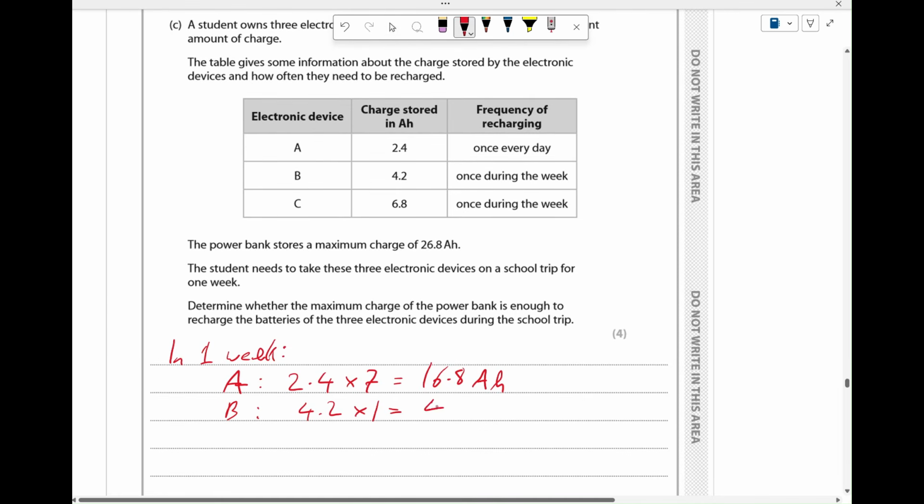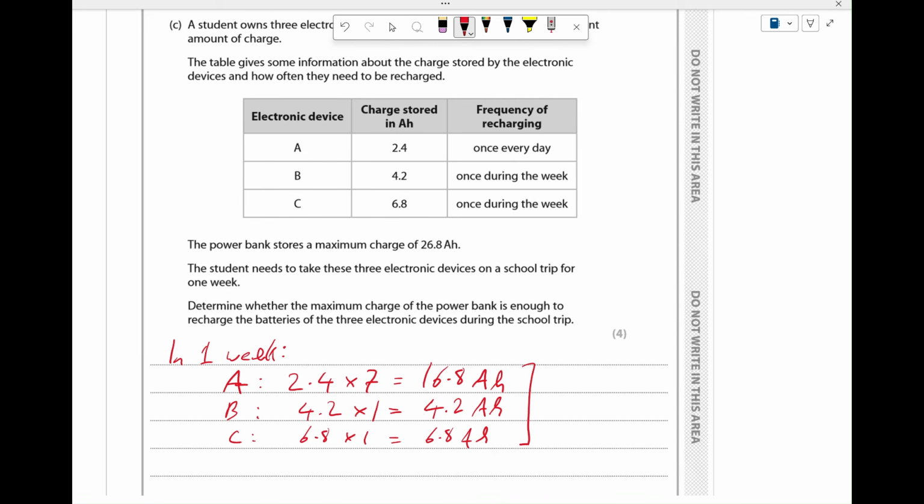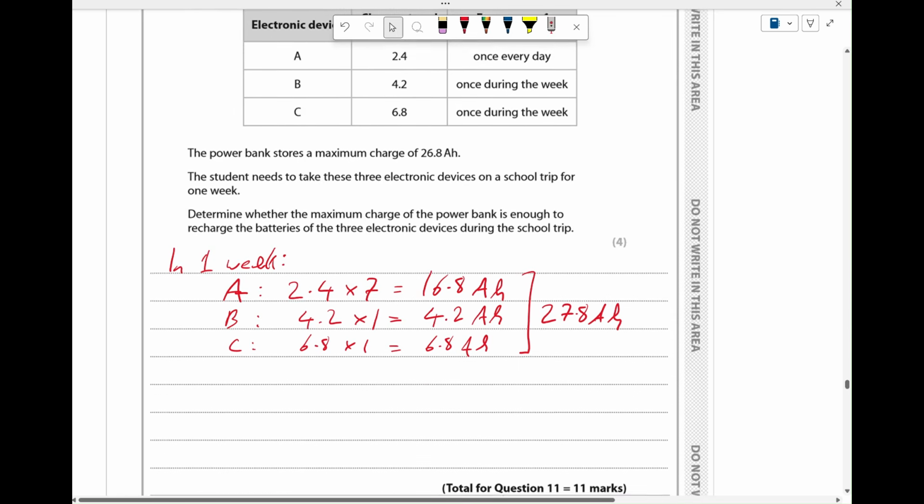Yeah, okay, I'm going to think harder about that one. Let's hope it's not ambiguous. B is that, and C, again, we're going to just charge this once. So it's going to be 6.8 amp hours. So the total, 16.8 plus 4.2 plus 6.8. The total is 27.8 amp hours. Oh, it is a bit ambiguous.